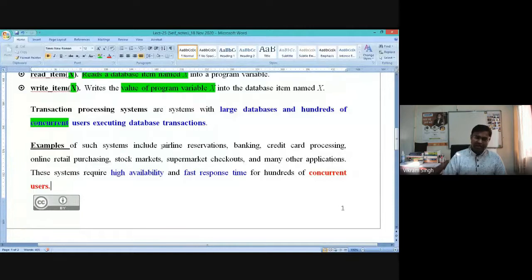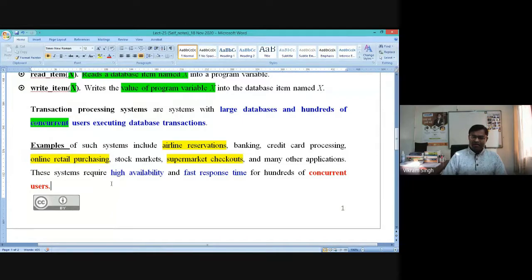A few are listed: airline reservation systems, banking, credit card processing, online retail purchasing like Amazon and Flipkart, stock markets, supermarket checkout, and many other applications which follow this nature of transaction processing. They are considered transaction processing systems because they directly provide the mechanism to access the data values on behalf of user operations.